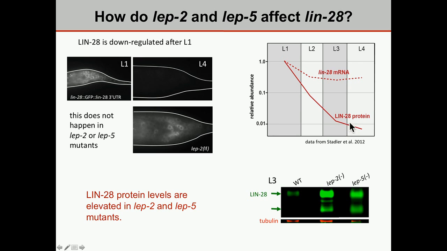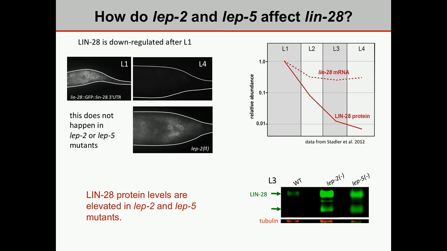You can see in later stages there is pretty much no LIN-28 seen, also here, but not so in LEP2 or LEP5 mutants. The reporter is still expressed in L4 animals, and here the endogenous protein is also upregulated in later stages, here in L3.